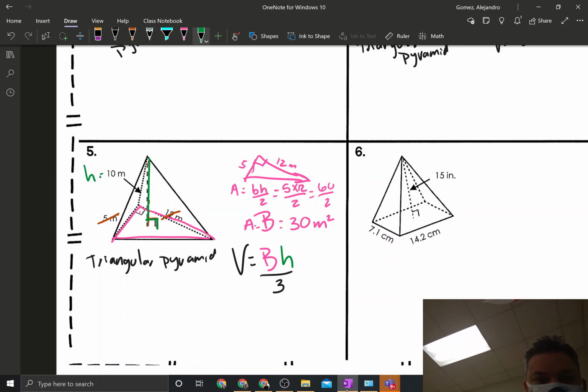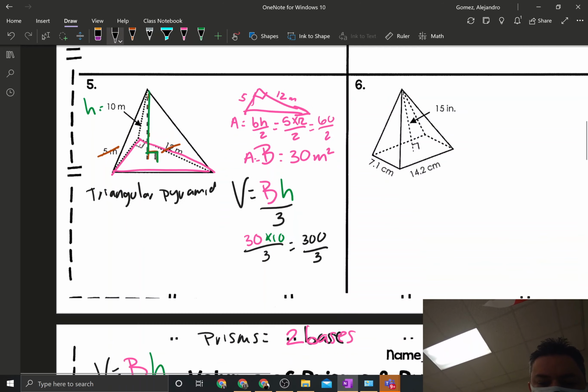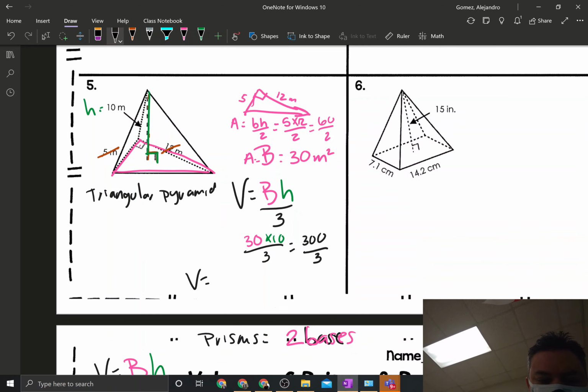So all I gotta do is substitute the values in. So 30 times 10 divided by 3. This is 300 divided by 3. And 300 divided by 3 is just 100 meters cubed, which is my answer.